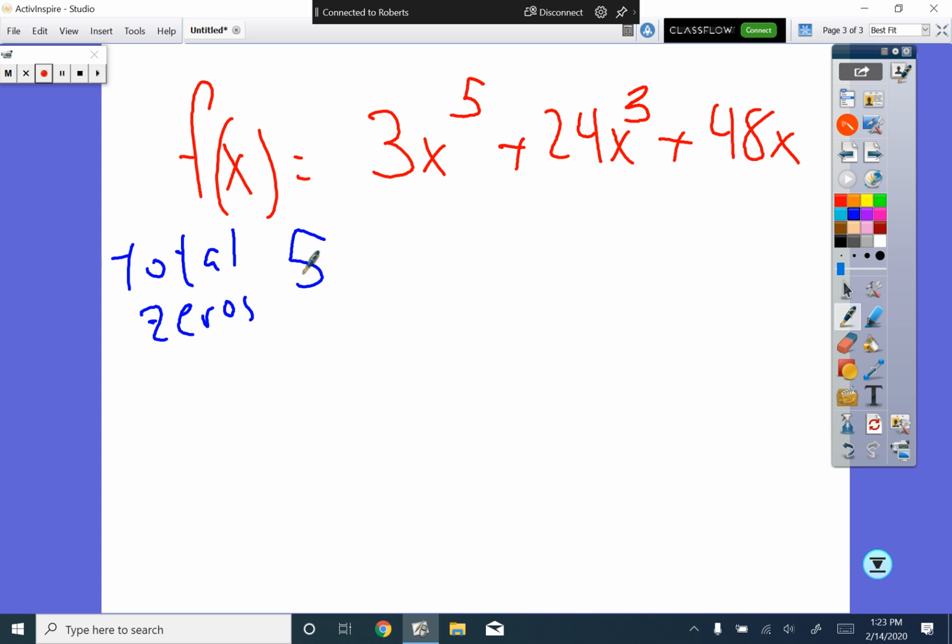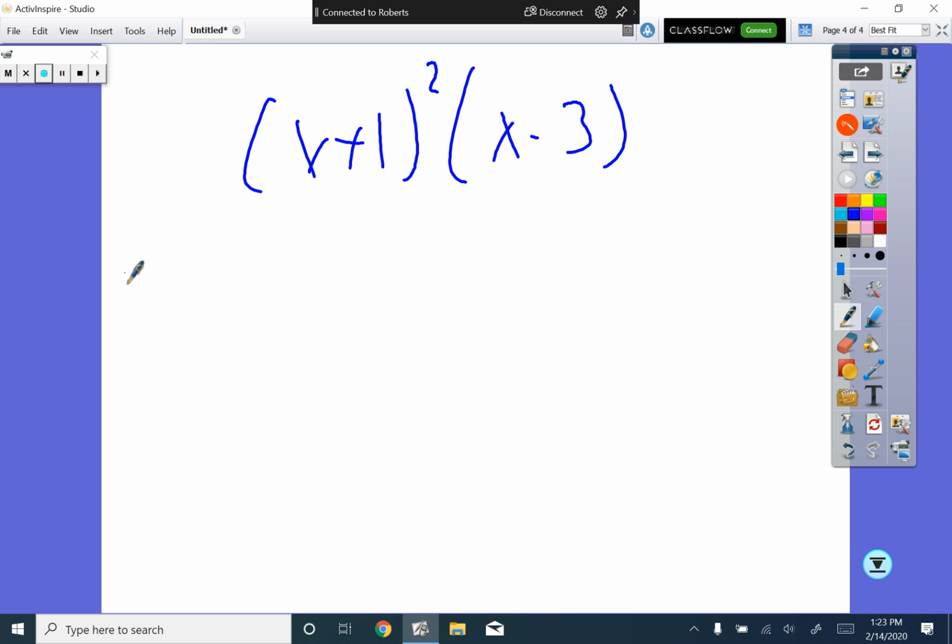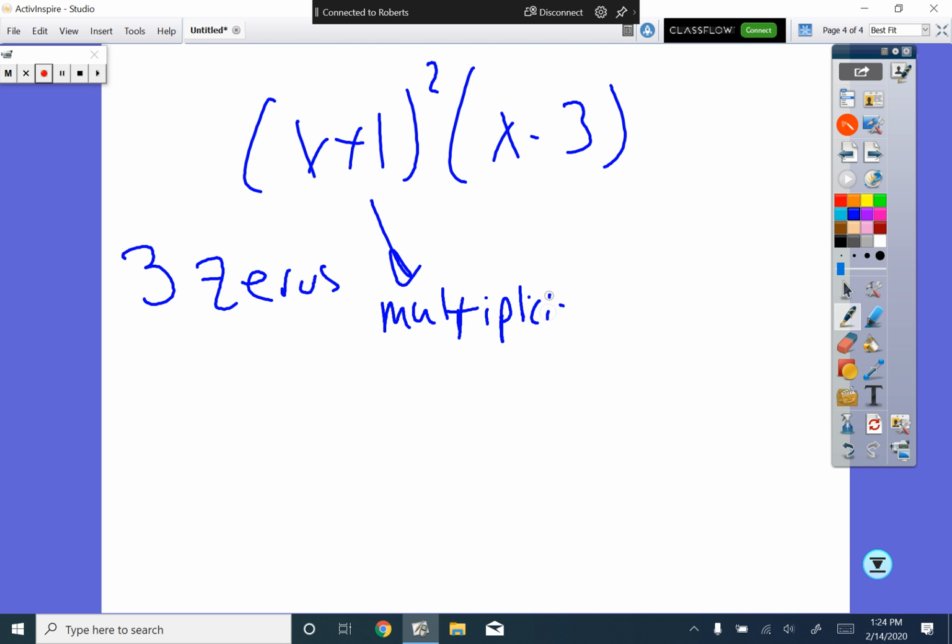Let me just give you an example. If I had x plus 1 squared and x minus 3, notice that's a total of 3 zeros, agreed? Where this guy is just a multiplicity of 2.